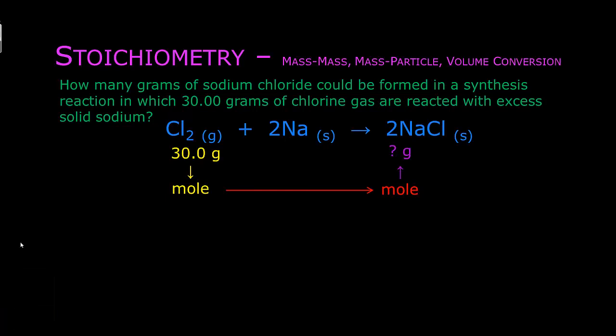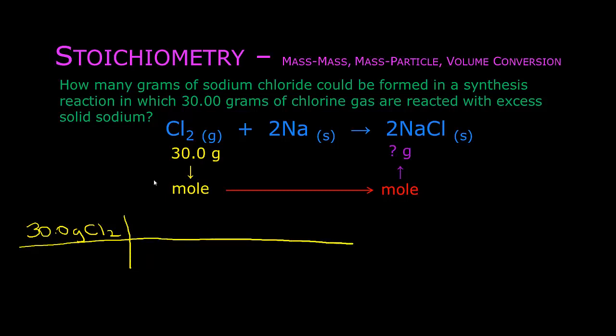So we have 30 grams of chlorine. I'm going to go ahead and draw my conversion grid. And I know whatever units I have in the upper left, they always go in the lower right. So grams of chlorine will go there.